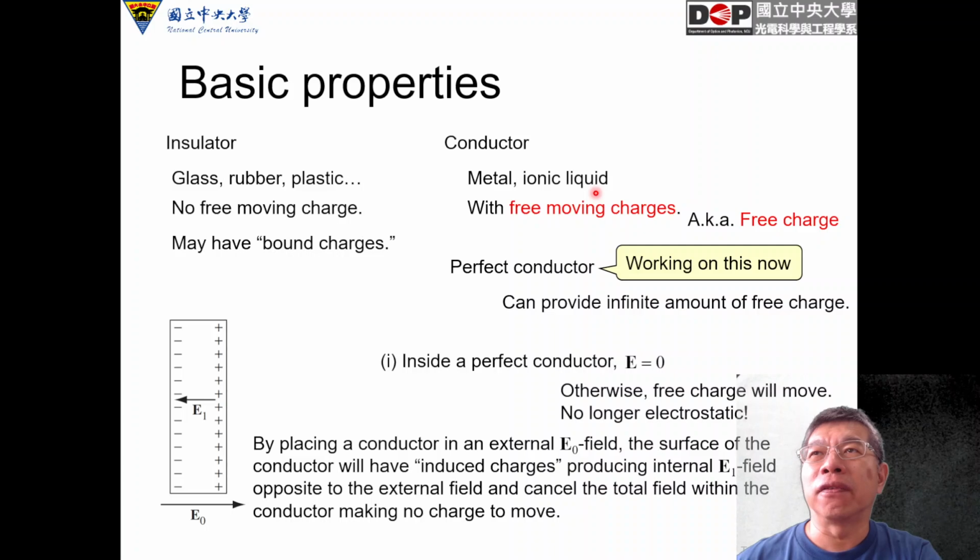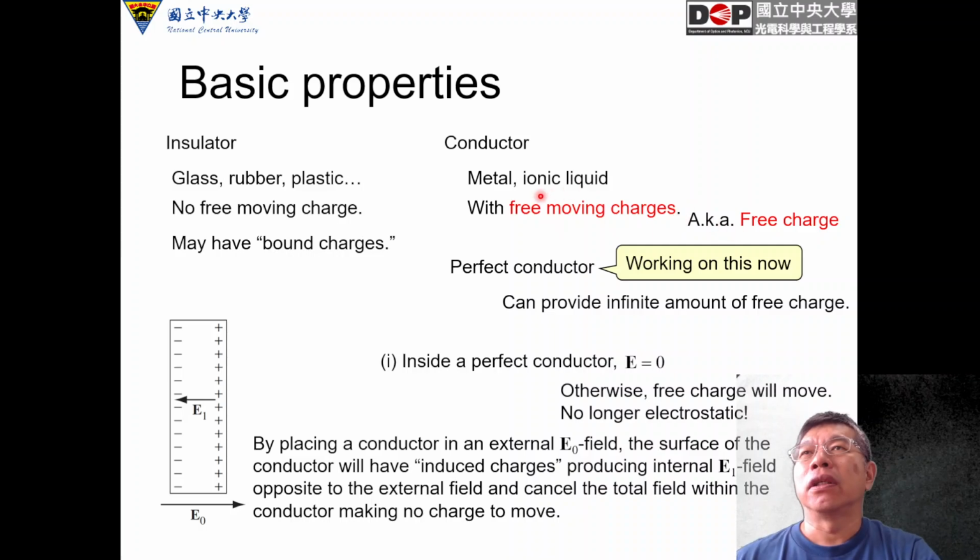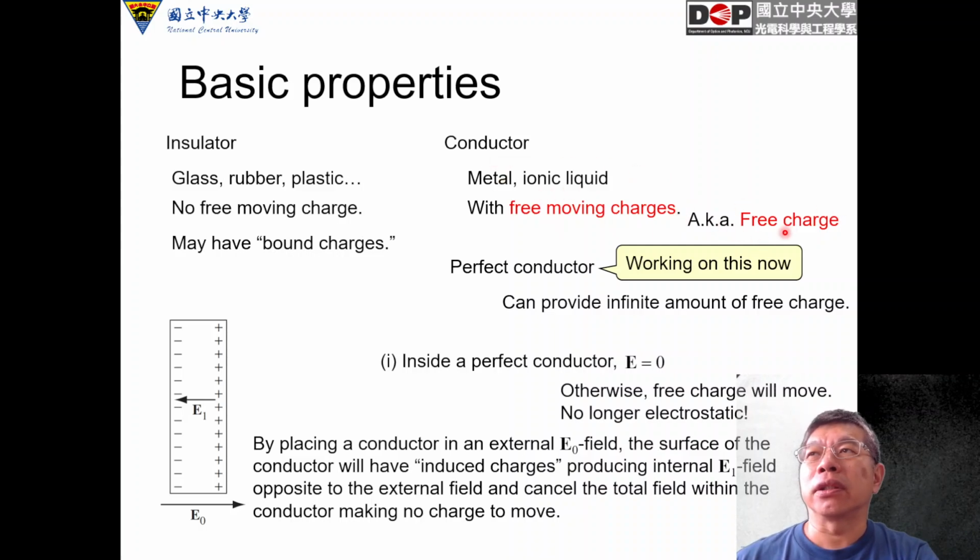That is the free moving. Of course, there's still some force, which we are going to discuss a little bit later. These are called free charges because they move freely, not constrained right next to an atom, and the atoms don't move in the solid.